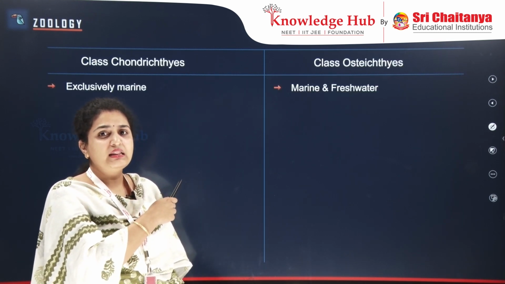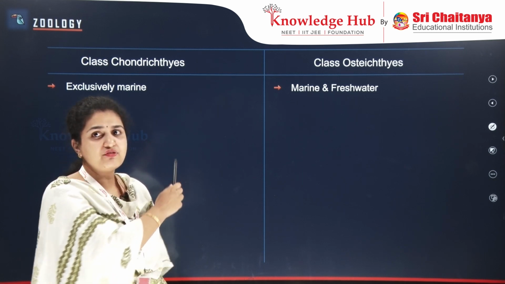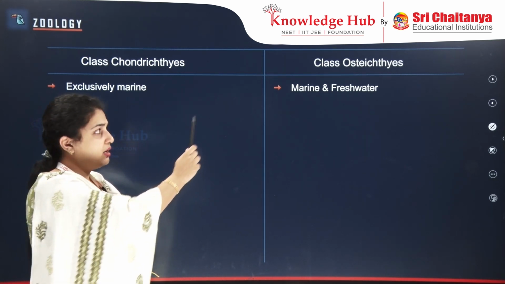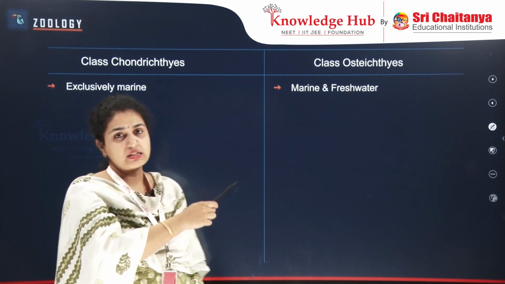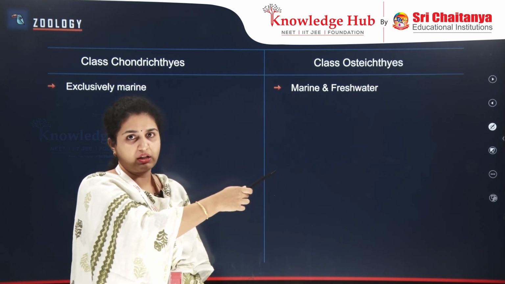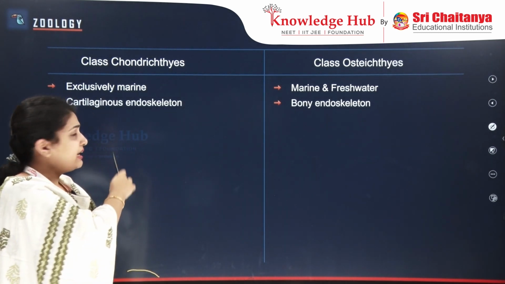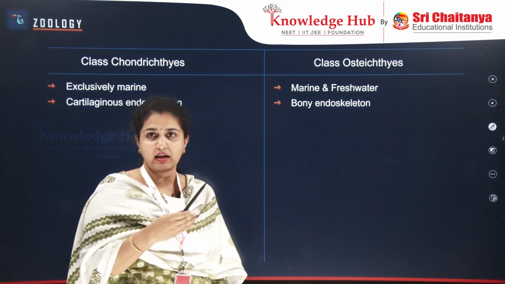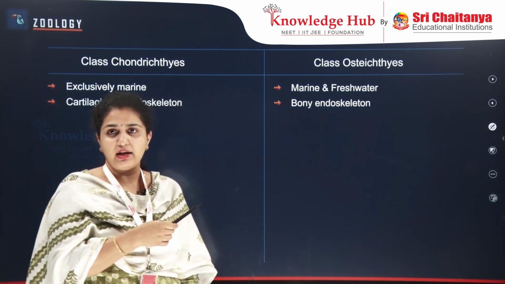The first main difference which you have to understand is that Chondrichthyes are exclusively marine, and in class Osteichthyes you have marine as well as freshwater organisms. The second main difference is that Chondrichthyes have a cartilaginous endoskeleton.